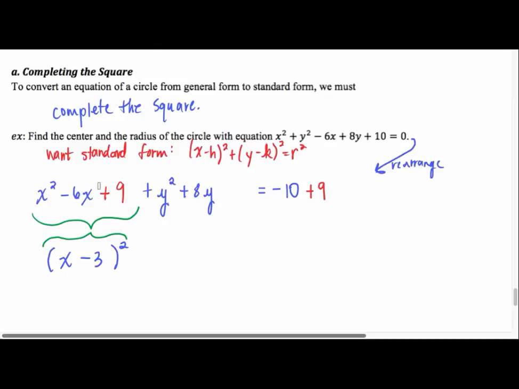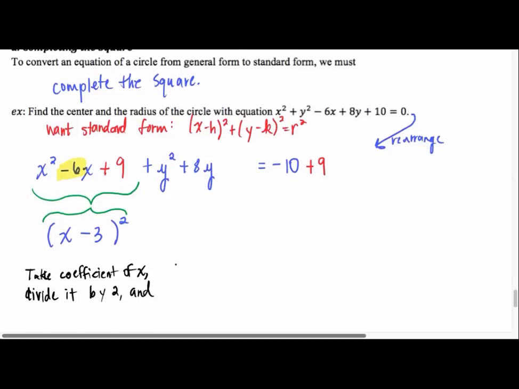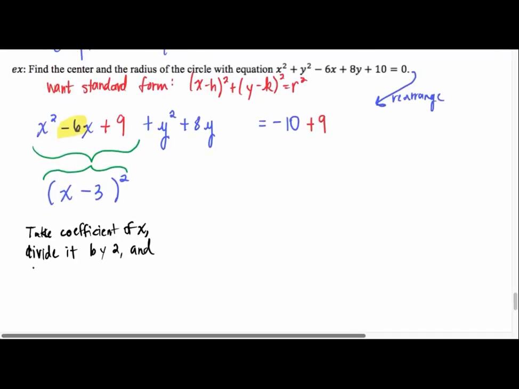So you take the coefficient of the linear term, the x, take the coefficient of x, divide it by 2, and square it. Square that number. And then we're going to add that to both sides.